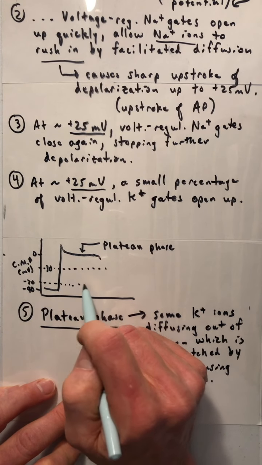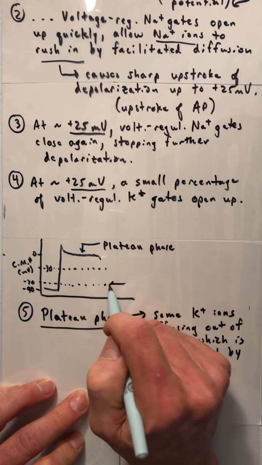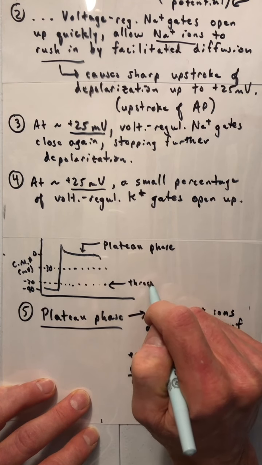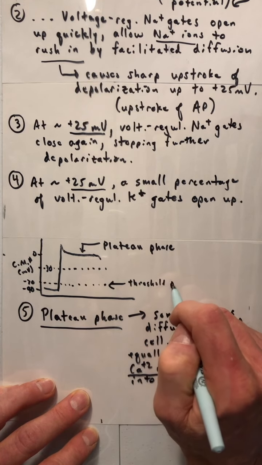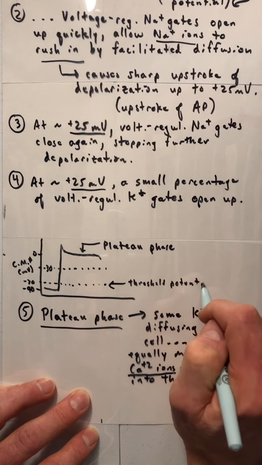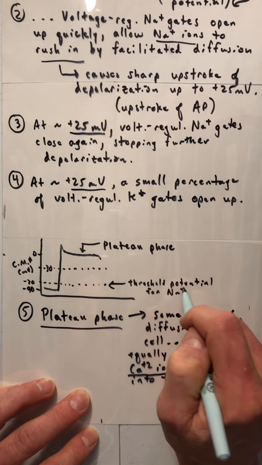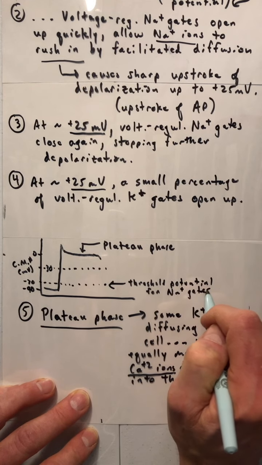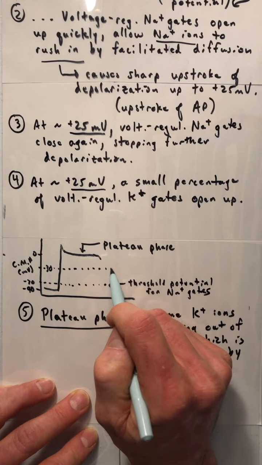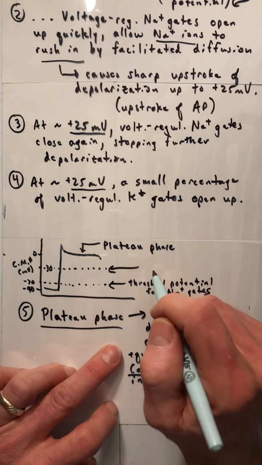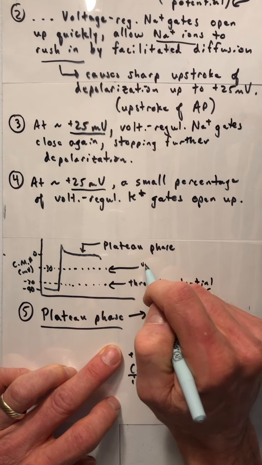So whereas minus 70, we said, is the threshold potential for the sodium ions, for those sodium gates, at minus 30 is the point when voltage-regulated calcium gates open up.